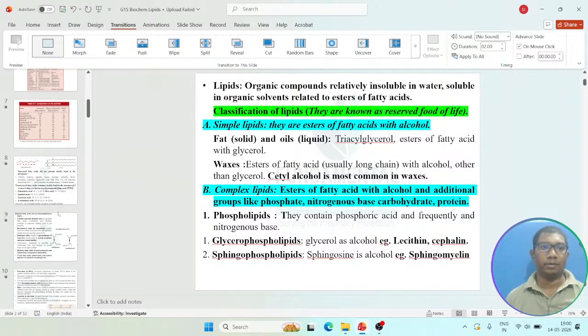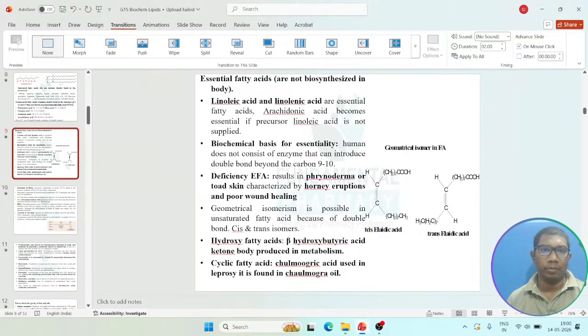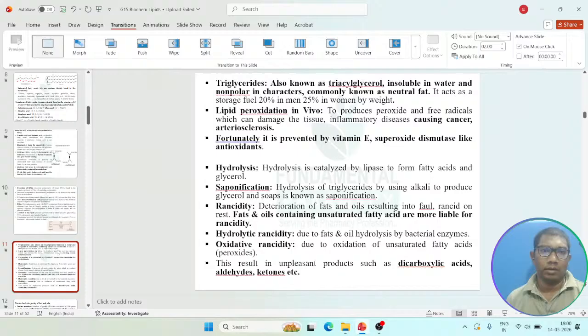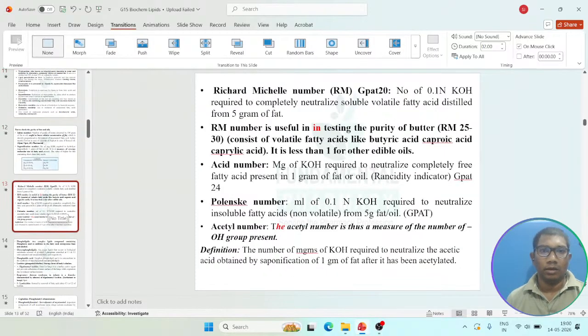Then we have also seen properties of fatty acids, reactions of fatty acids, as well as the importance of essential fatty acids. After that we have seen different quality control parameters for the evaluation of quality of lipids, or fats and oils.